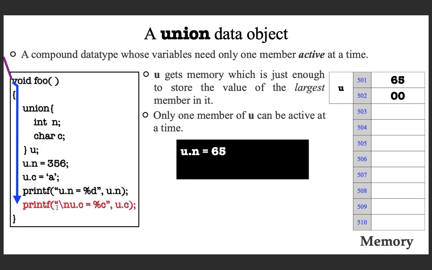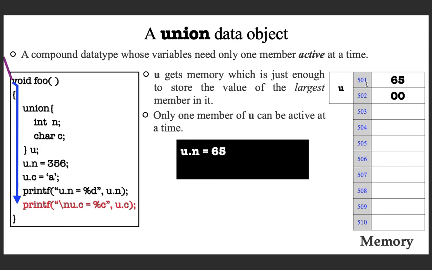So that is what is happening. Now what is the next statement to be executed? In the next line, there is a new line character. You are going to print u.c is equal to %c. So you are going to print a character. From where are you going to read? From the address of u.c. So what is the address of u.c? 501.